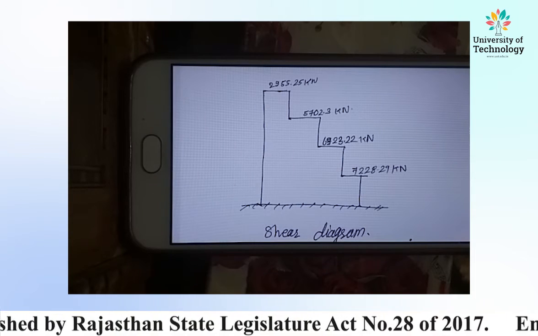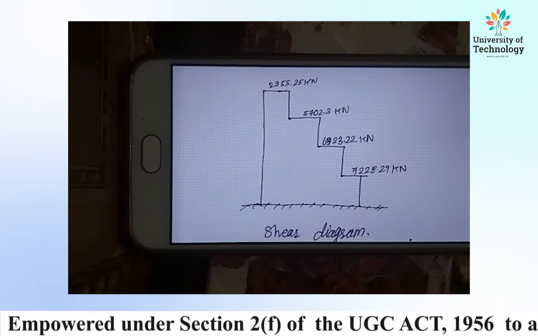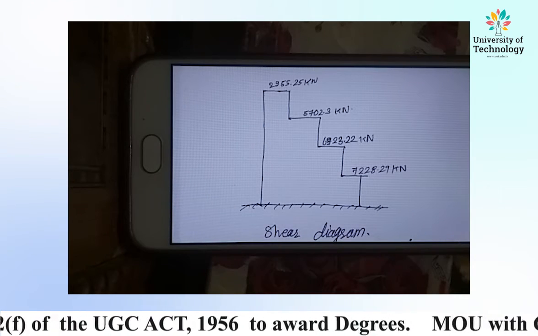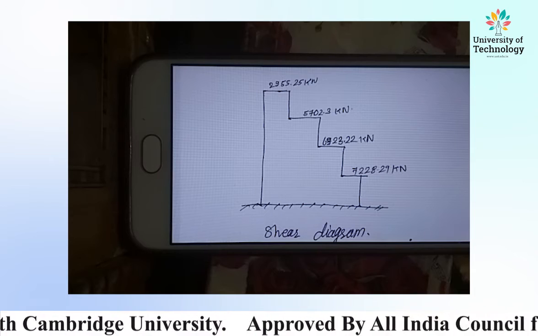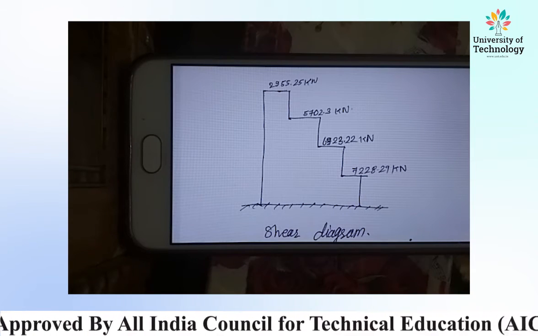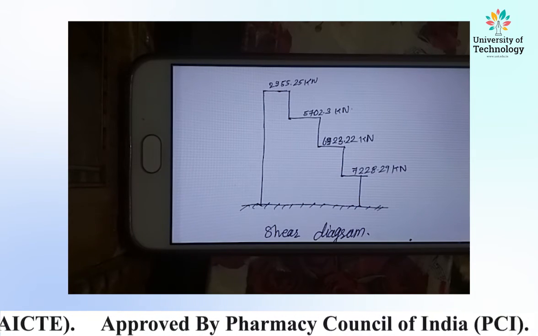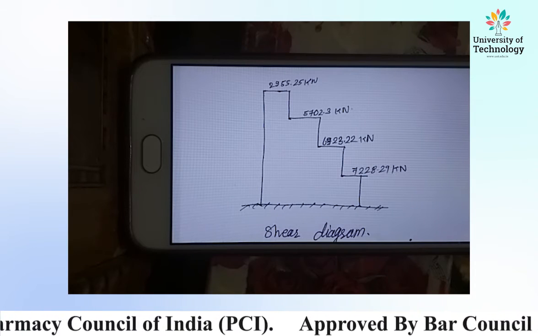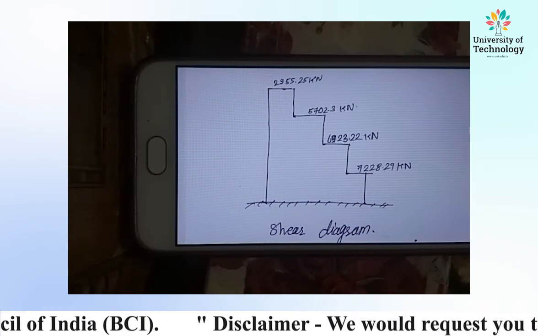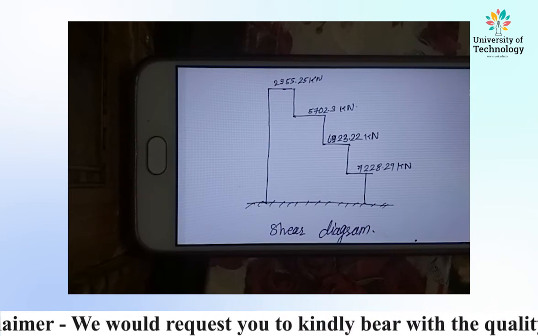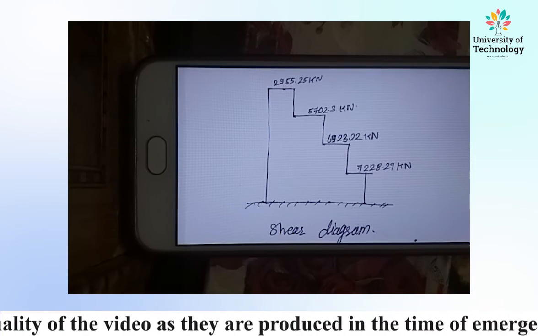Obtaining the values, we have obtained 7229.09 for the first story, 6923.22 for the second story, 5702.3 for the third story, and 2955.25 for the fourth story. So the shear diagram can be drawn like this, in the form of steps.